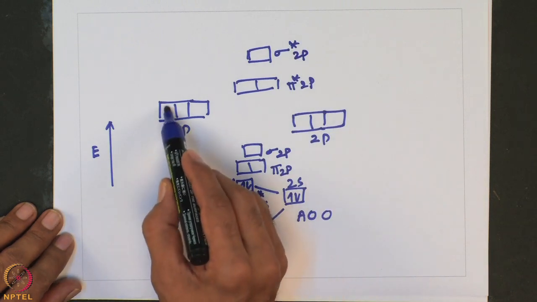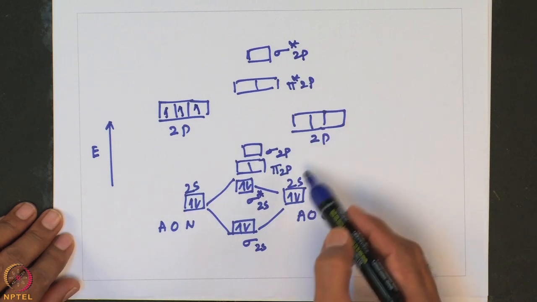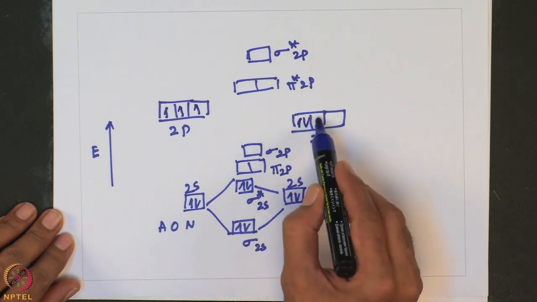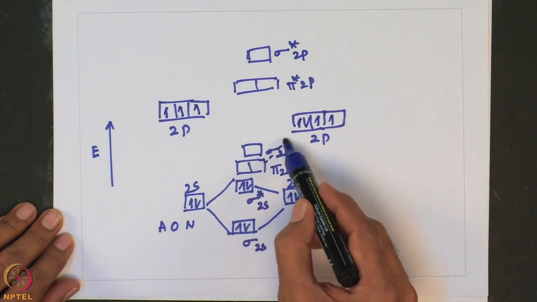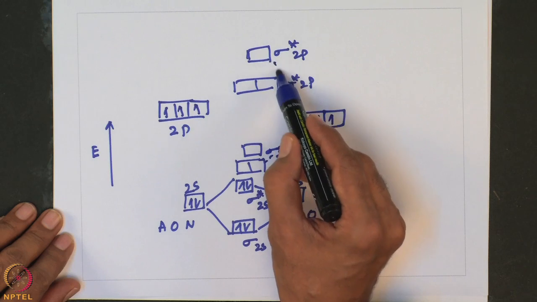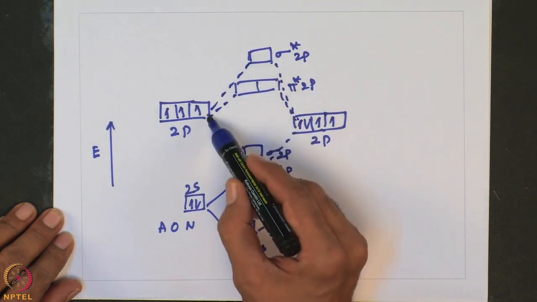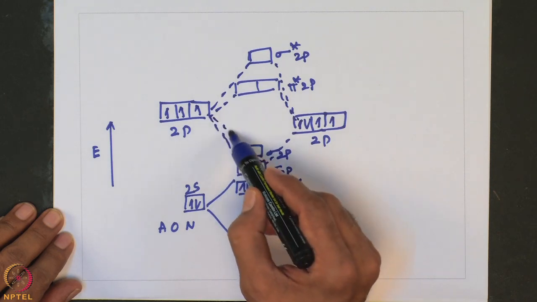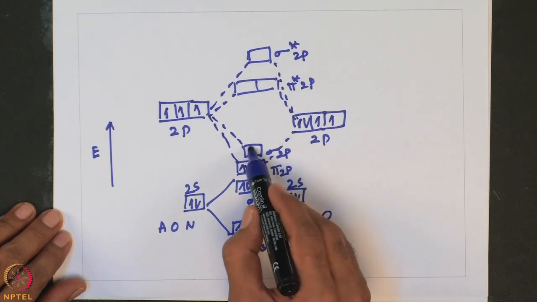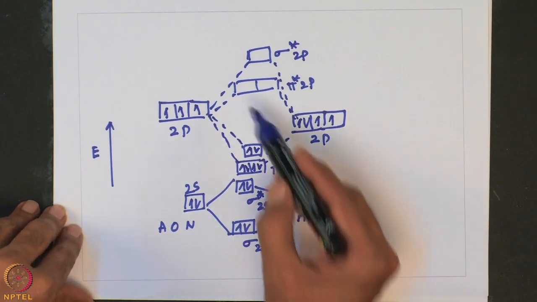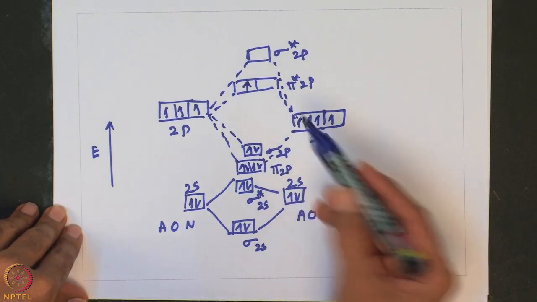Now we have here 3 electrons, 2s to 2p 3, here we have 2s to 2p 4. Now, we have to arrange these 7 electrons. So, these two are filled, these two are filled. Okay. So, we have one electron that comes to the pi star, the anti-bonding orbital.